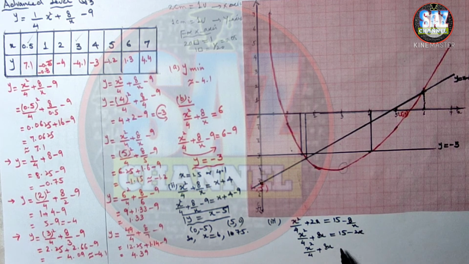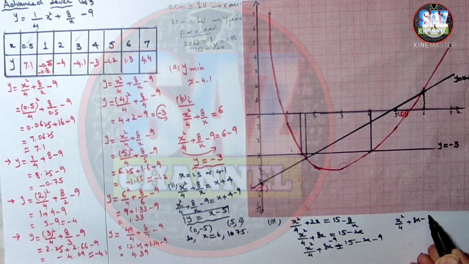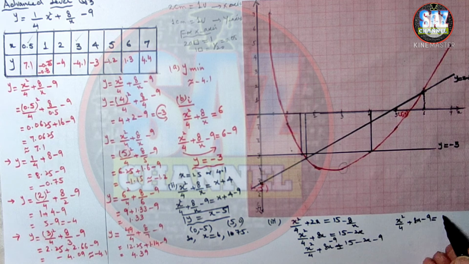8 over x plus 15 minus 9 equals 15 minus 2x minus 9. 15 minus 9 will give me 6, so x squared by 4 plus 8 over x minus 9 equals 6 minus 2x.